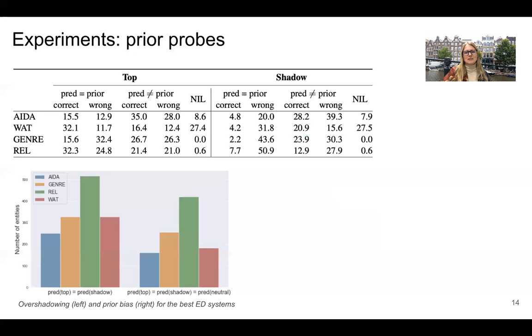And then we looked at 2 things. First, entity overshadowing itself, when the answer is the same for a top and shadow entity. And next, prior bias, when the answer is also the same as the prior answer of the model.